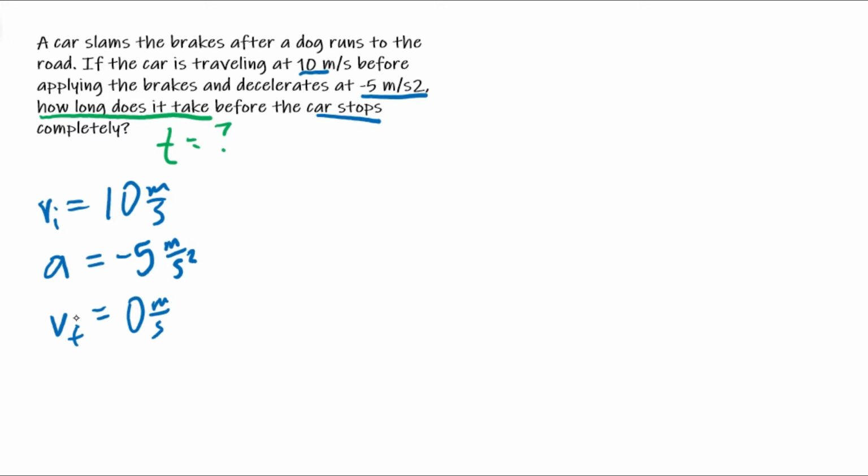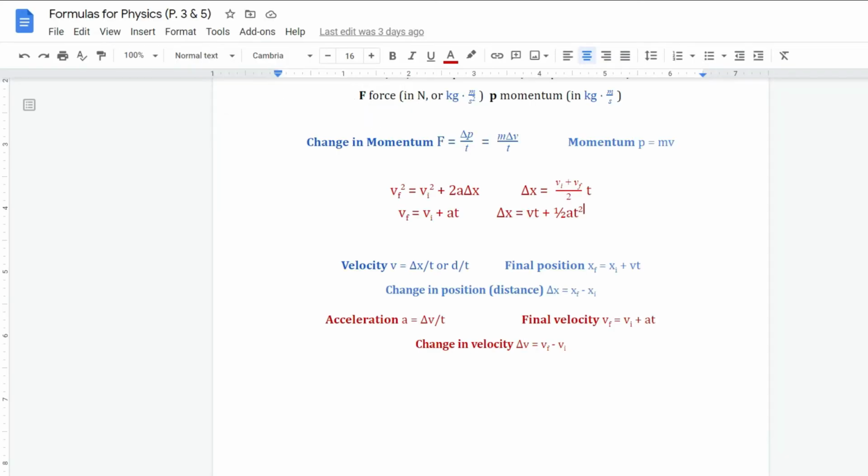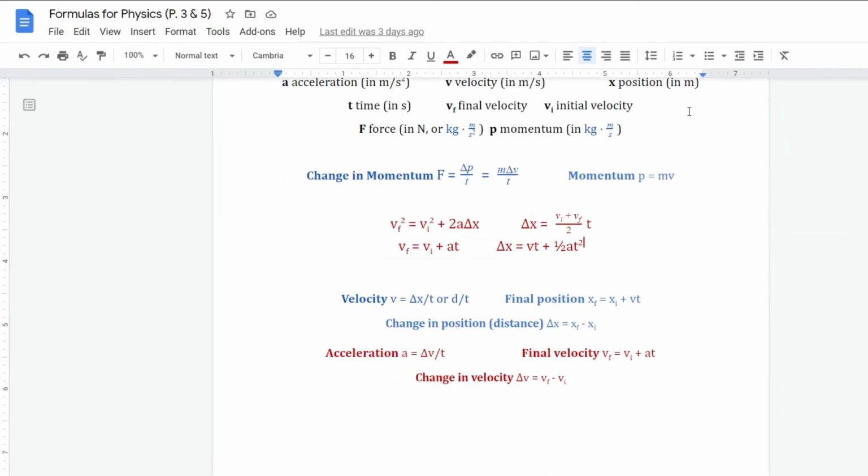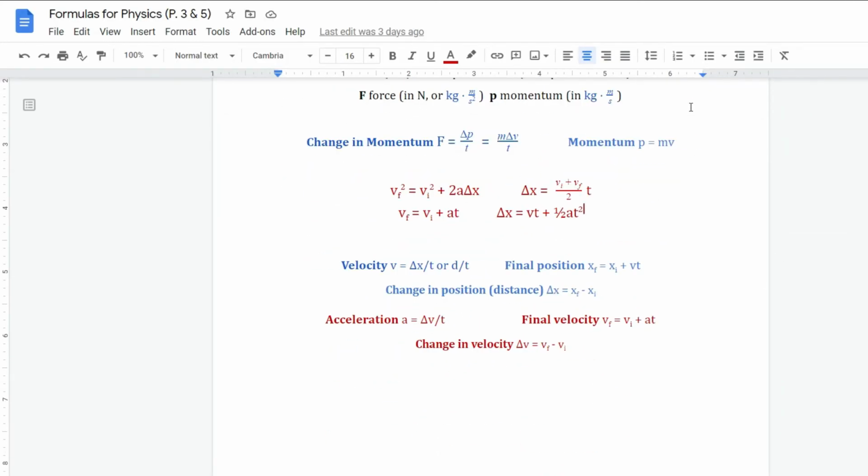So with this in mind, a T, V, I, A, D, F, we can once again reference our equation sheet, some notes that we might have, right, to find the VI, VF, acceleration and time. VI, VF, acceleration and time seem to still be in this one equation here.